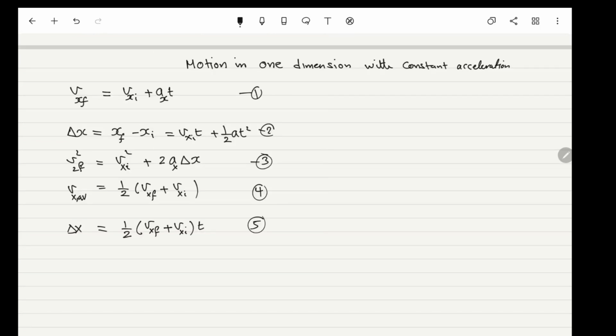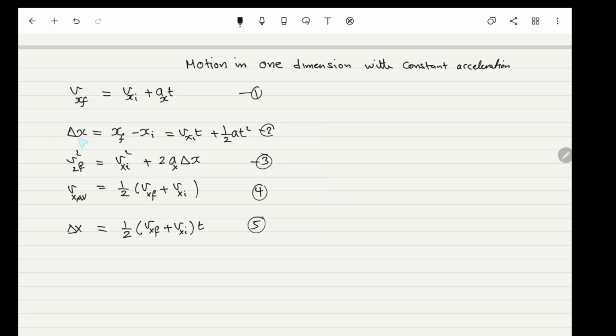Now let's move to motion in one dimension with constant acceleration. The following equations are the equations of motion at constant acceleration. Equation 1: Vx final equals Vx initial plus ax t, where Vx final is the final velocity and Vx initial is the initial velocity. ax is the acceleration, t is time.